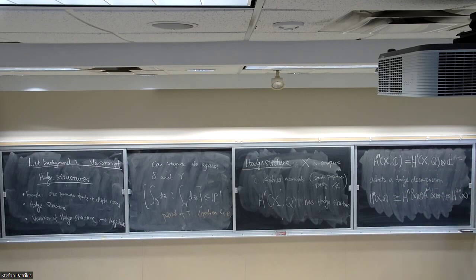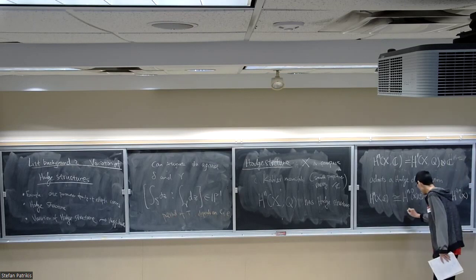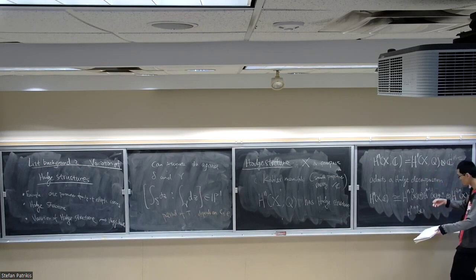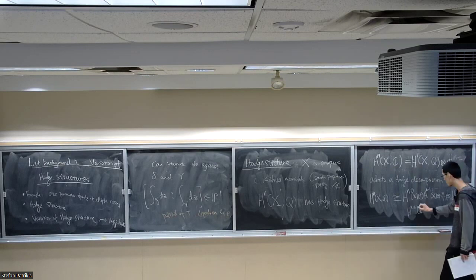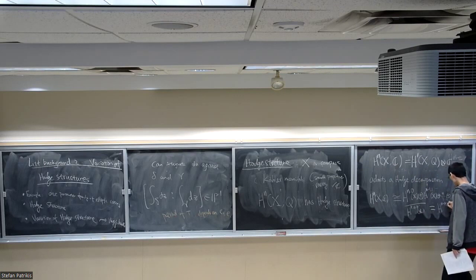Each of them is a complex subspace of H^n(X, C), and also you have these conjugation properties. Because this is a complex vector space, it makes sense to take conjugation. It turns out the conjugate of H^{p,n-p} is the same as H^{n-p,p}.